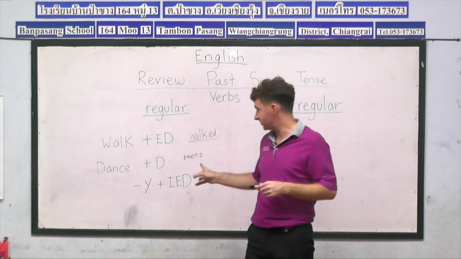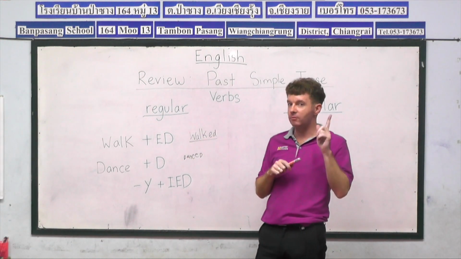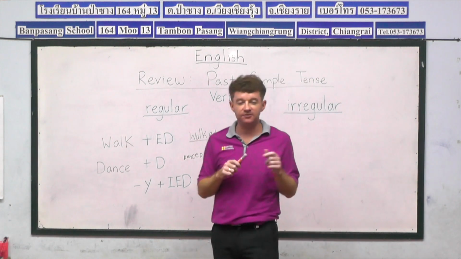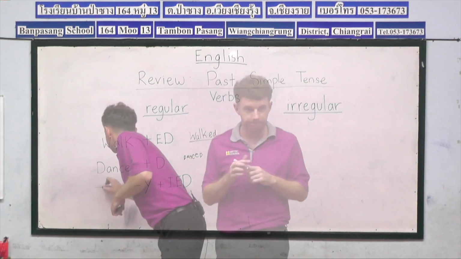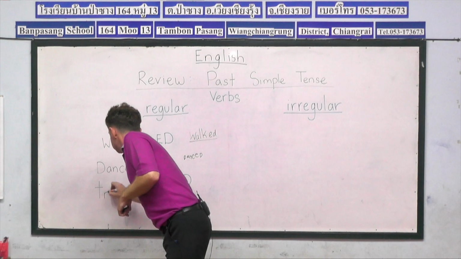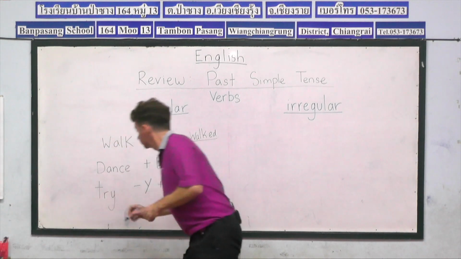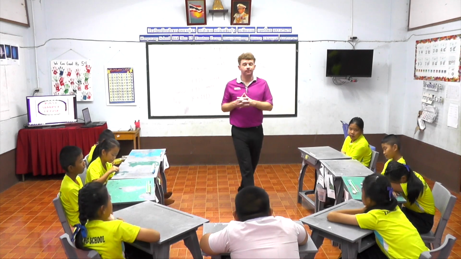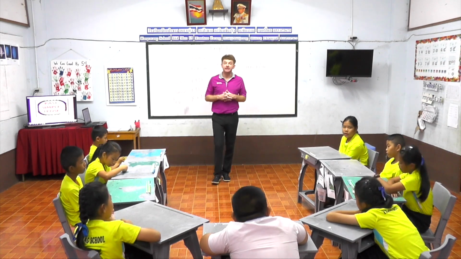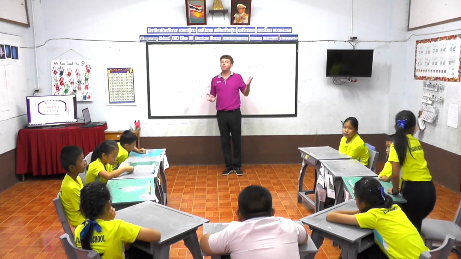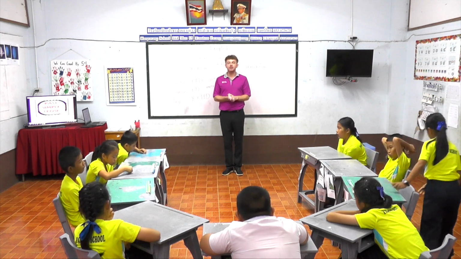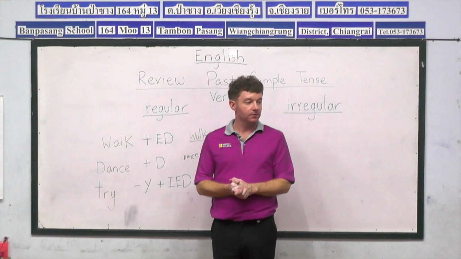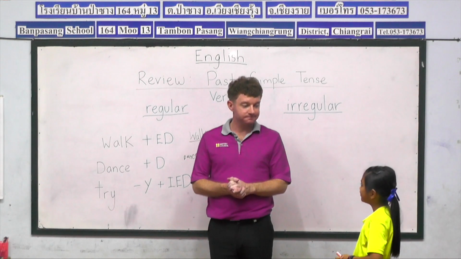Okay. But we still have one more spelling rule with regular verbs to do. So let's see who can do this one. Okay, let's open our eyes. And now Pak Bung has the pen, and Pak Bung will demonstrate the next regular verb to change. So hello, Pak Bung.